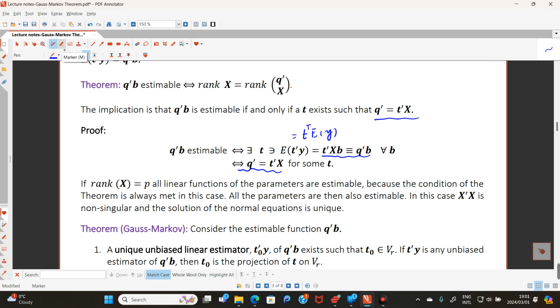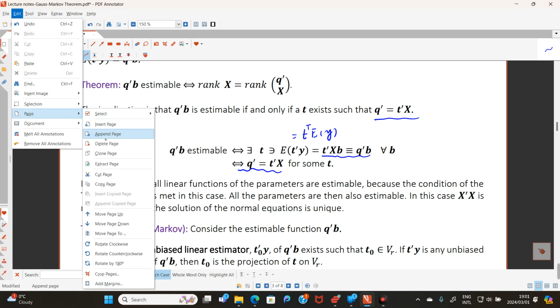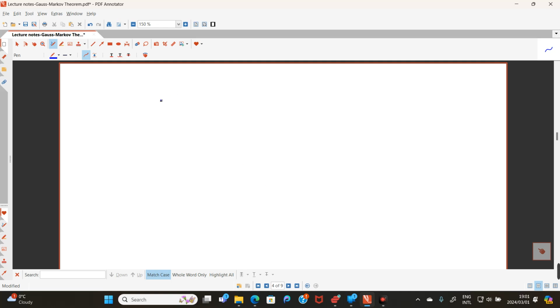Now let's add a page and consider the implication of this theorem. Once again, the implication is that Q prime B, as I said, is a linear combination of the rows of XB, and this is the result.